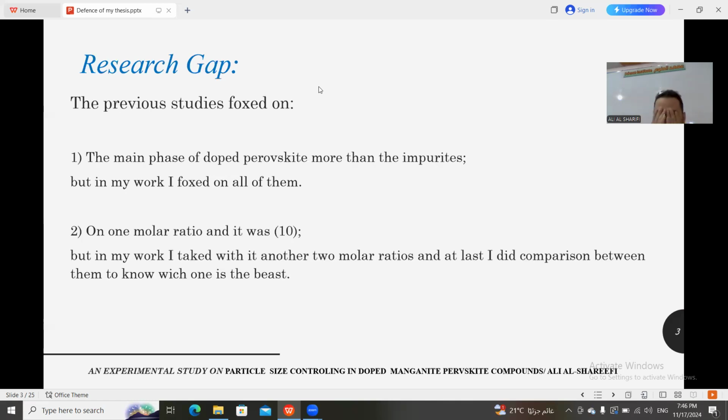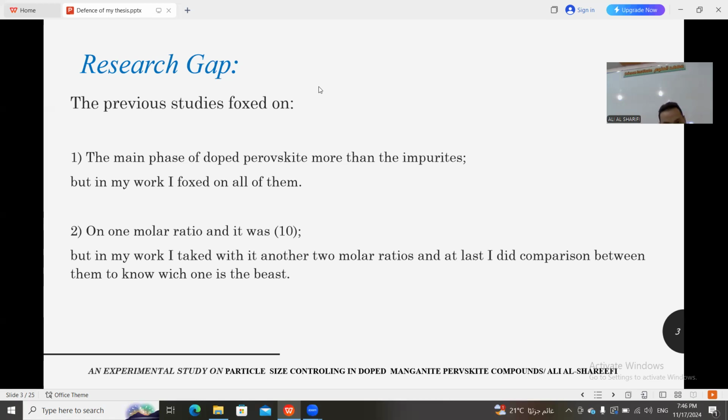Now, at the research gap, I focused on 2 points. At first, I focused on the impurity, not just the main structure, because the previous research focused on the main structure more than the impurity.